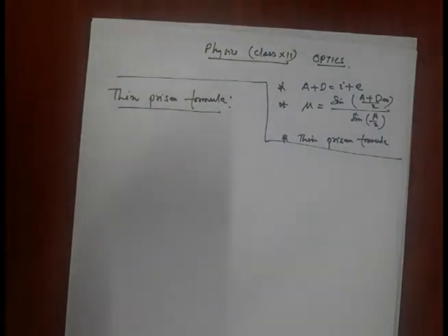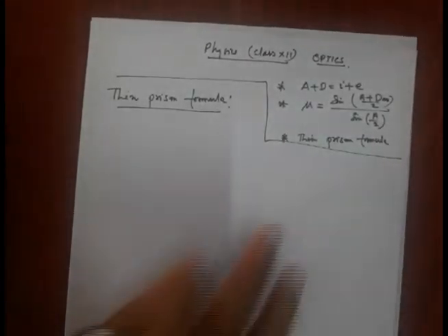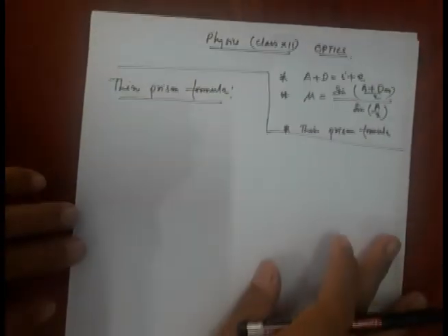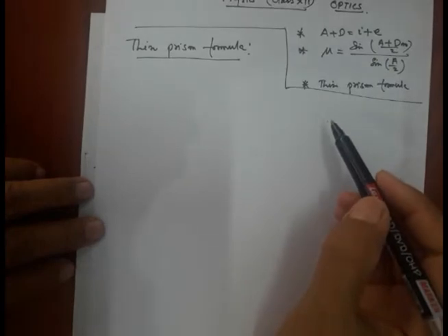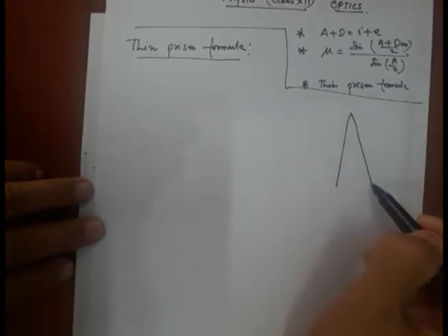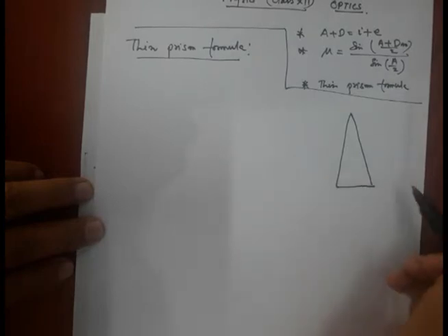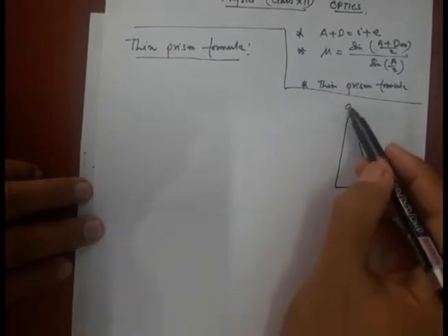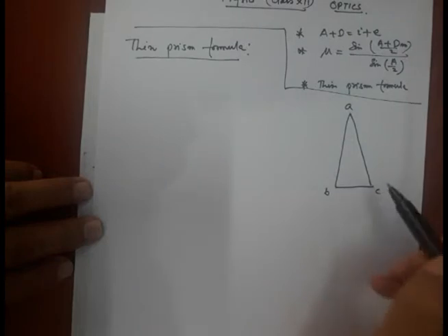Now, let us consider a very thin prism. This is slim, let us say slimmer and taller. That's the prism. I call this ABC.